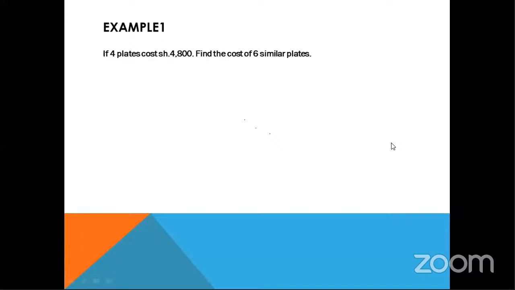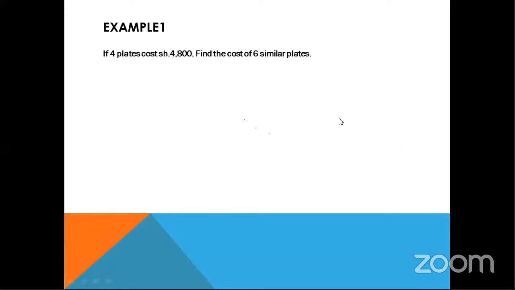You divide 4,800 by 6 plates. Okay. Now, try to read the question first. If 4 plates cost 4,800 shillings, find the cost of 6 similar plates.